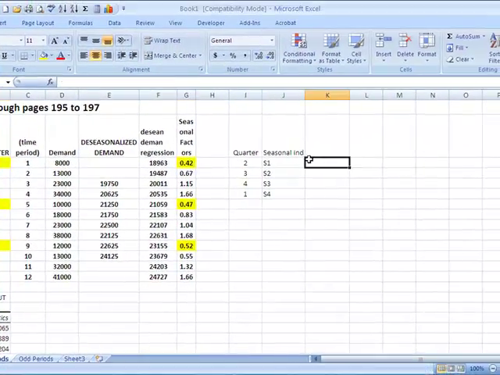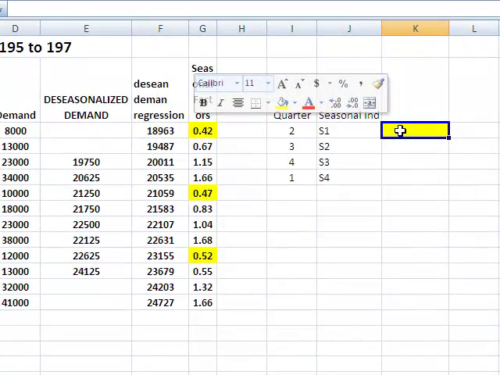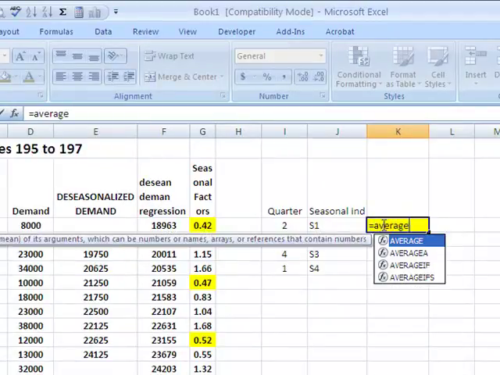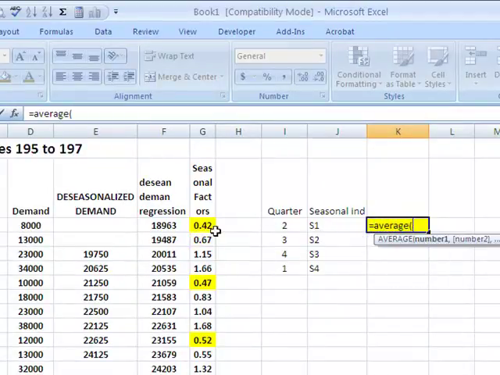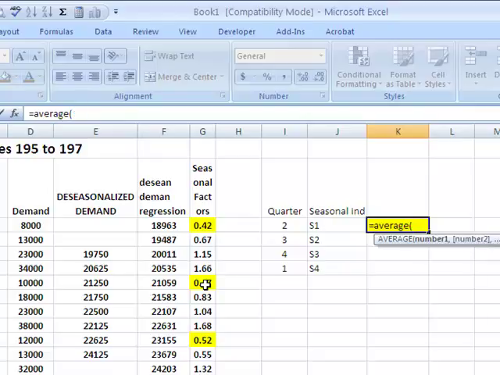This yellow number is the one I'm going to compute, equal to the average of 0.42 and 0.47. Oops, I don't want to do that, because Excel would compute it based on the unrounded numbers.